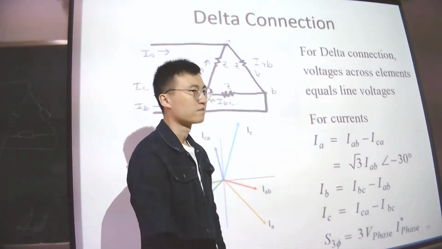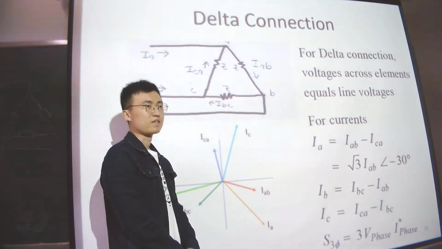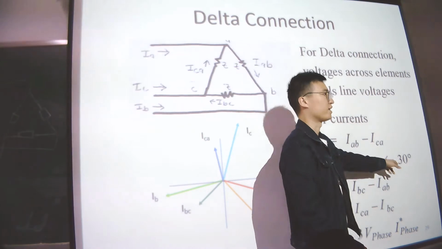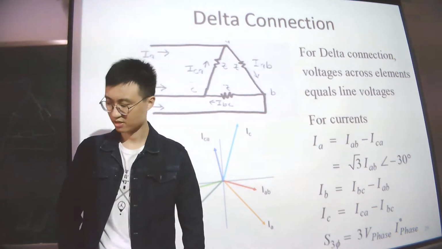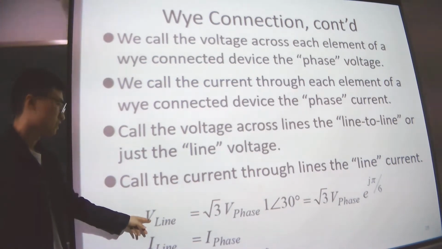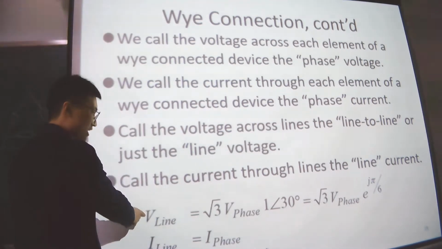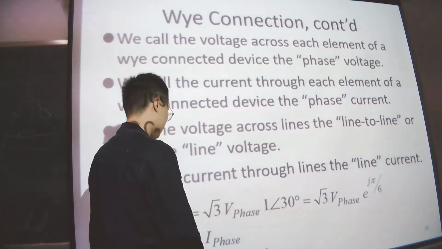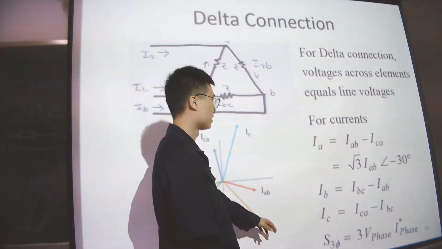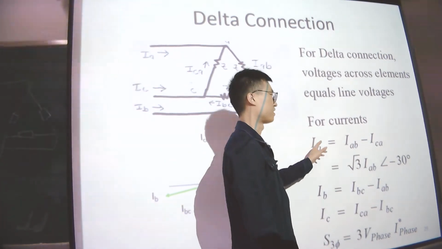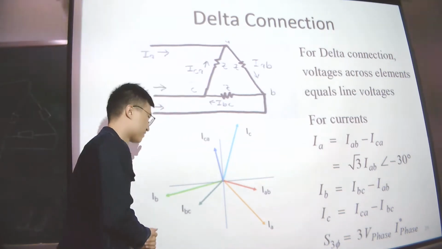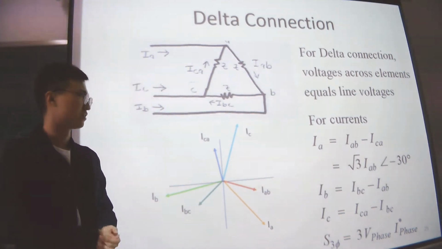It's also the square root of 3 times the magnitude, but here at negative 30 degrees. Also remember that for the Y connection the line voltage leads the phase voltage, and for delta the line current is also related to the phase current, but it lags by 30 degrees. Get that? Okay.